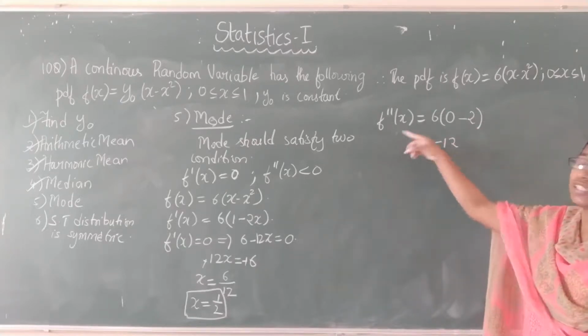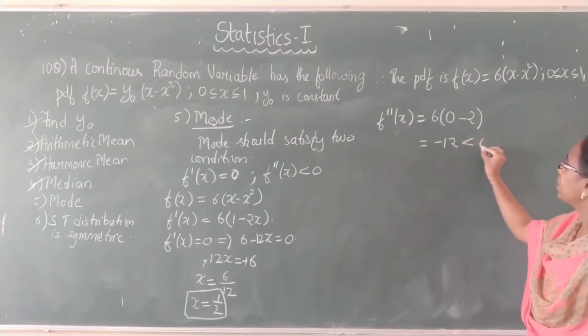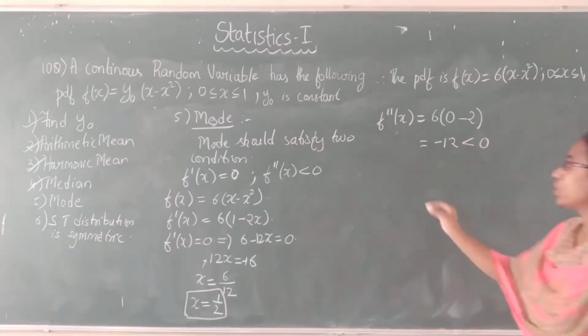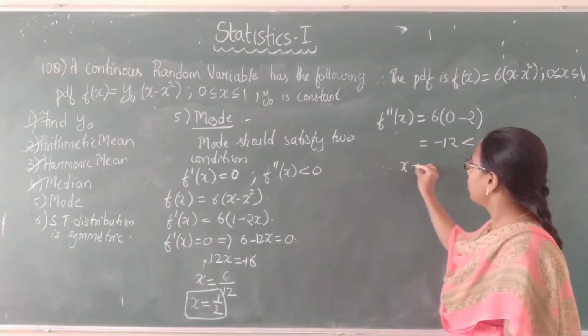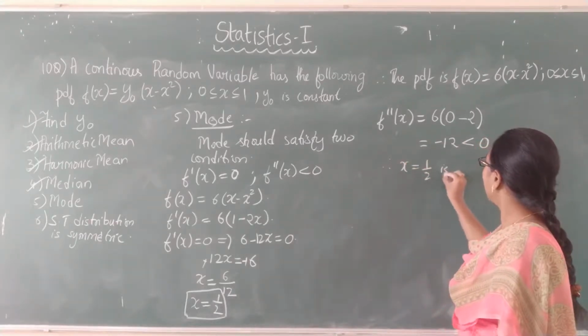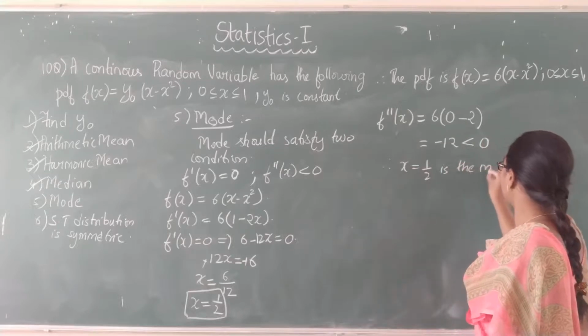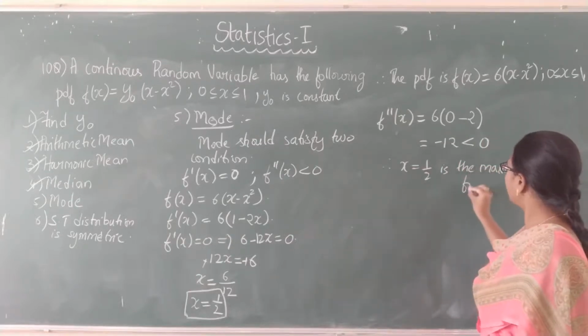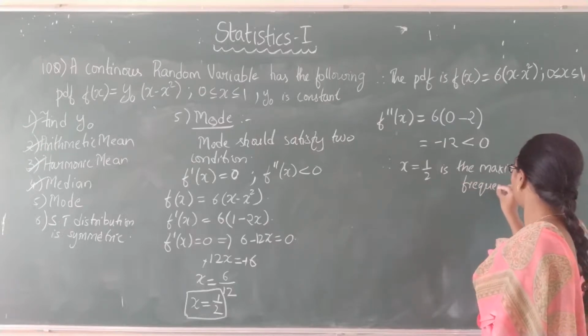So f double dash of x value is minus 12 means it is obviously less than 0. So therefore x equals to 1 by 2 is the maximum frequency.